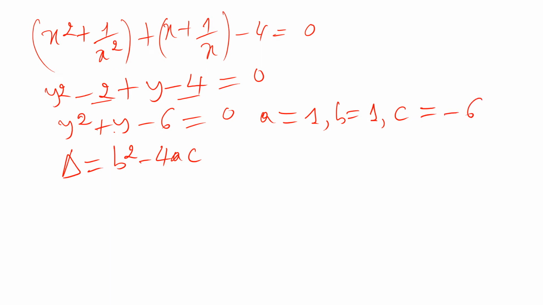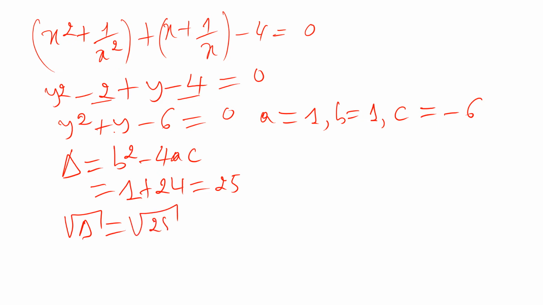Then we replace now, delta equals b is 1, 1 minus 4ac, now it is plus 24 equals 25. Square root of delta, remember that we have seen this, is equal to square root of 25.